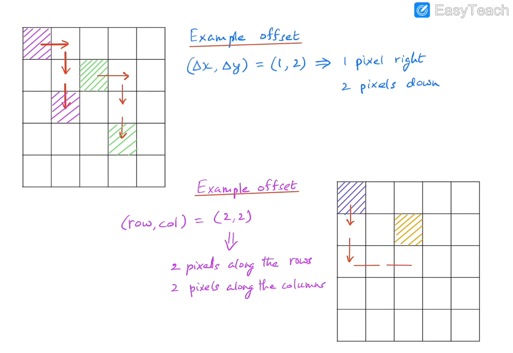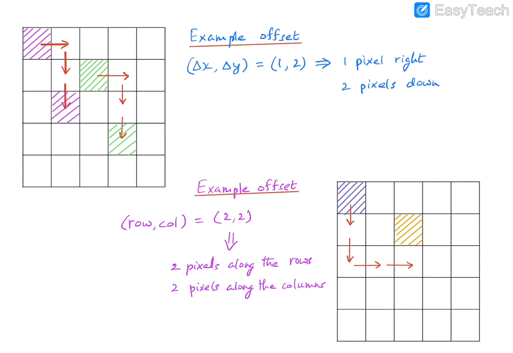Okay, so again, the columns are these vertical elements. That's the first column, that's the second column, that's the third column. So for the column offset, we move from one column to the next column. So the offset of the columns is 2. We move from the first column to the second column, that's one offset, and from the second to the third column, that gives us the second offset.